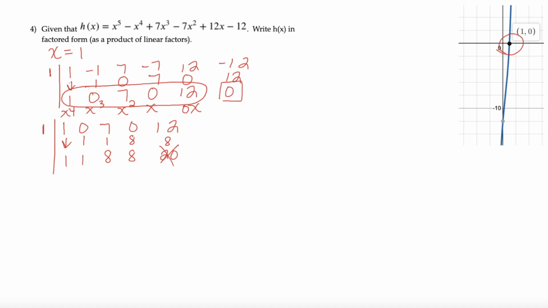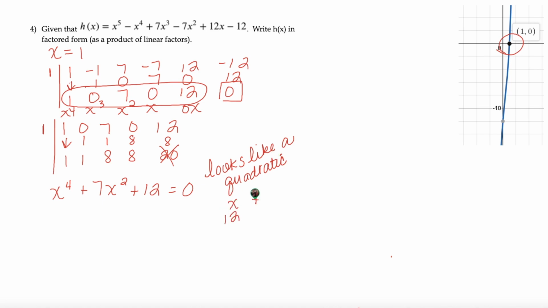Our reduced polynomial is x to the 4th plus 7x squared plus 12 equals 0. Now this looks like a quadratic, right? So what might multiply to 12 but yet add to 7?